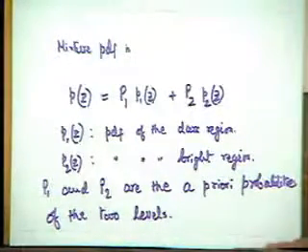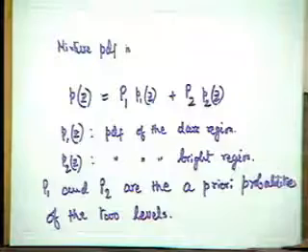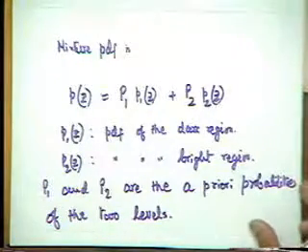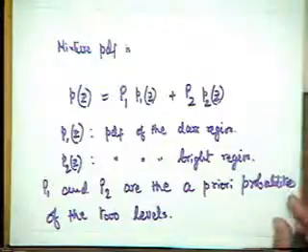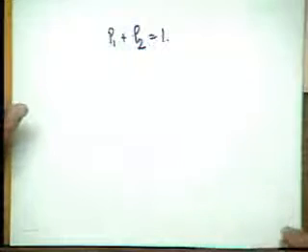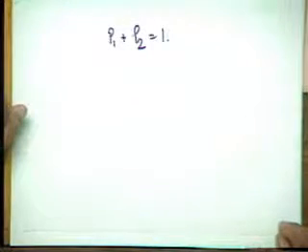Now, what is the relation between P1 and P2? Obviously, P1 plus P2 is equal to 1. So one constraint is that we must always have P1 plus P2 equal to 1.